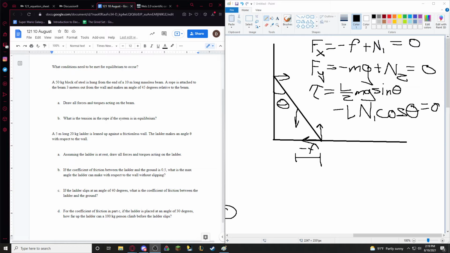The first thing we want to do is, how can we relate the frictional force to one of these other forces we have here? Friction force. I want to say it has to equal the force.